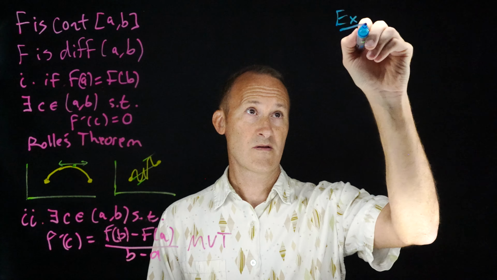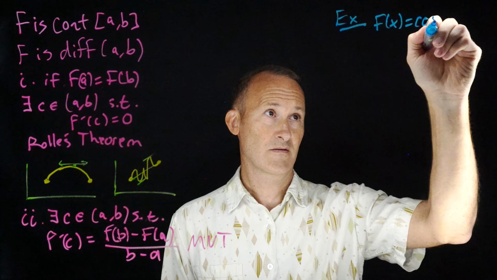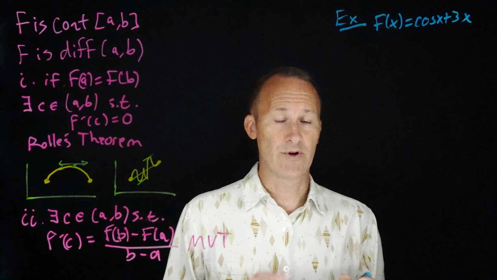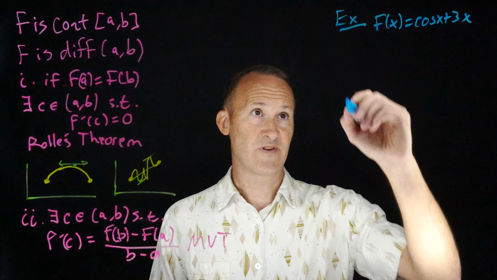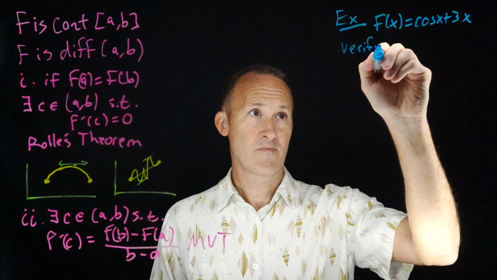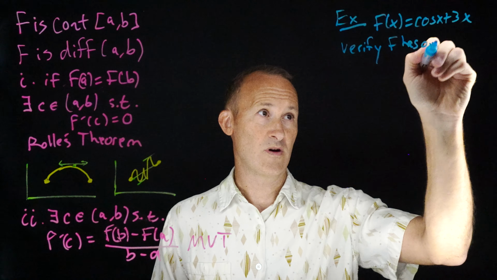Let's say that f of x equals cosine of x plus 3x. And what we want to do is verify that f has only one root. Only one.